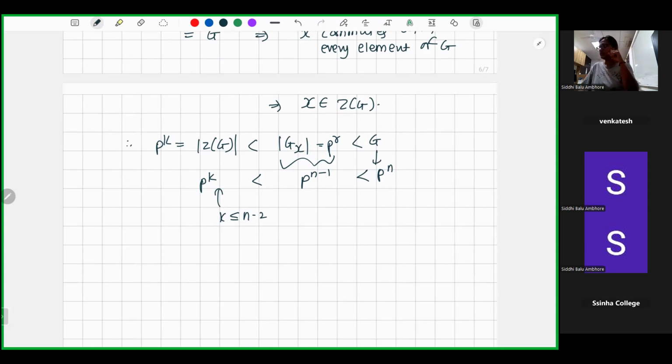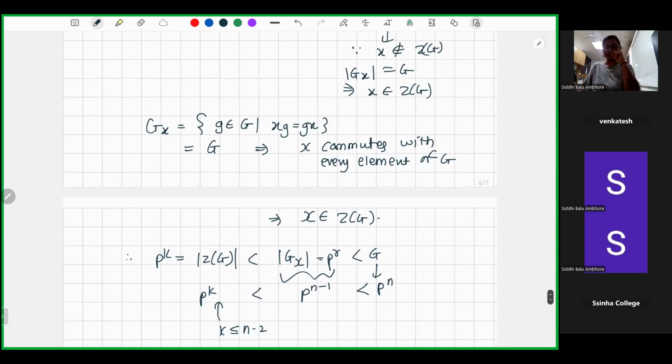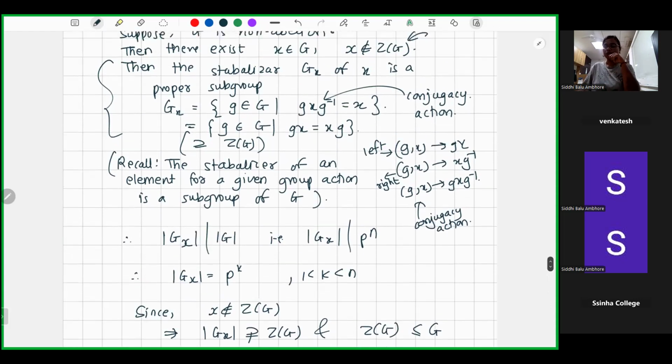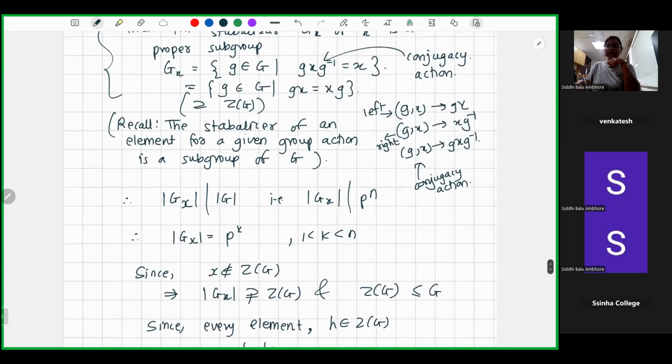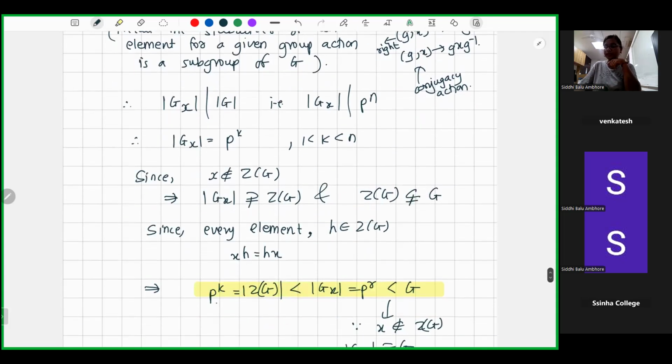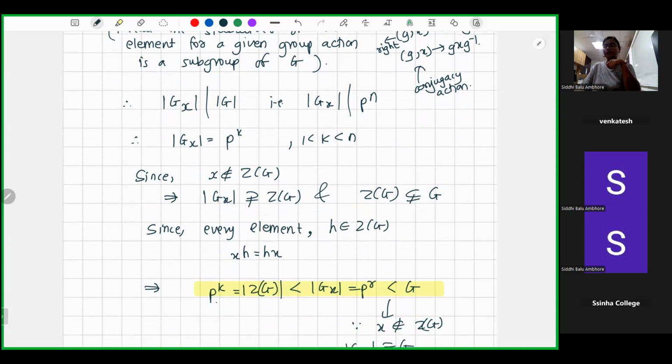If there is anything confusing, please let me know. The only thing you need to understand is that this Gx here contains ZG, which is true by the definition of Gx, and also this is properly contained in G. This is also what you need to understand.